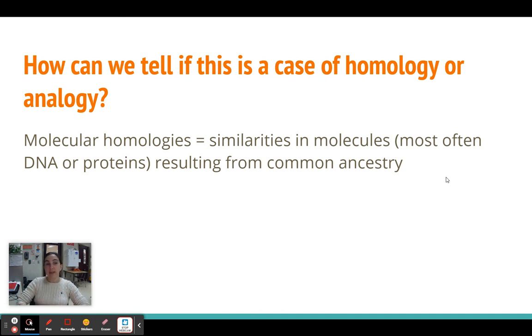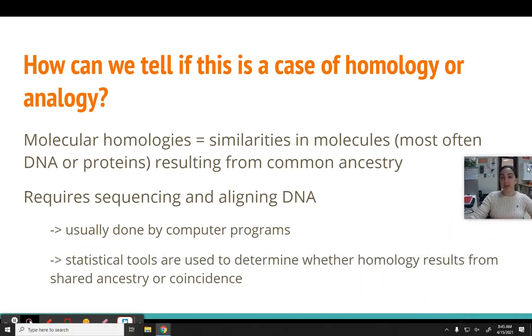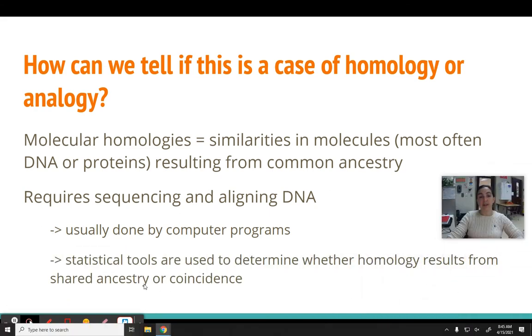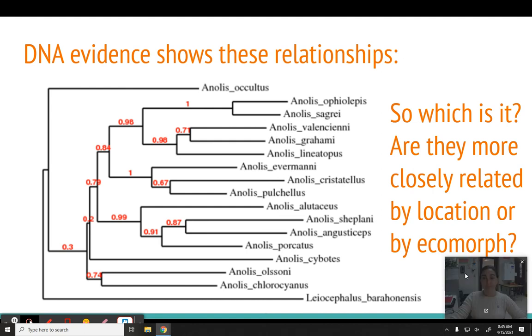And so by comparing those molecules, the more similarities there are within the DNA, the more closely related those organisms are. So we use technology to do this. We sequence and align the DNA. We use some statistical tools to determine whether this is a result of shared ancestry or whether the similarities are just coincidental. When scientists took these lizards' genetics and sequenced them, they came up with this phylogenetic tree.